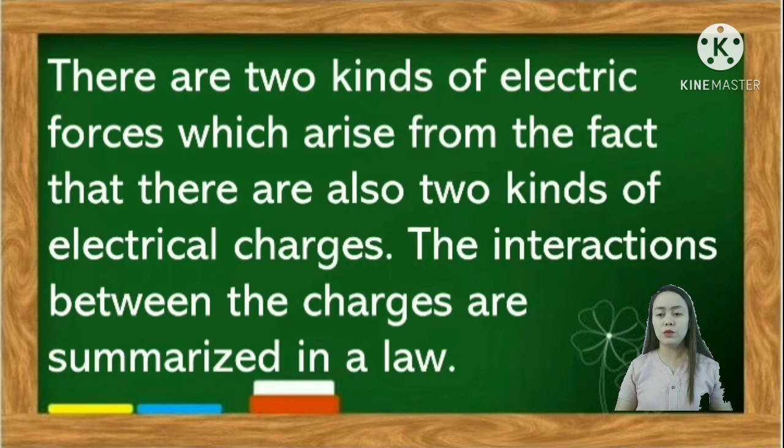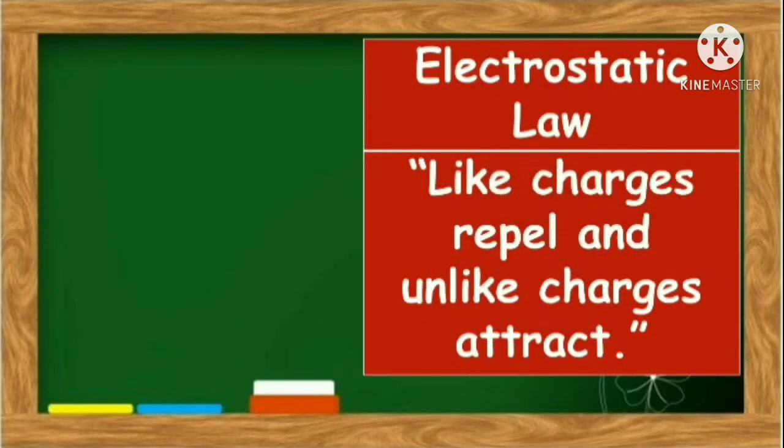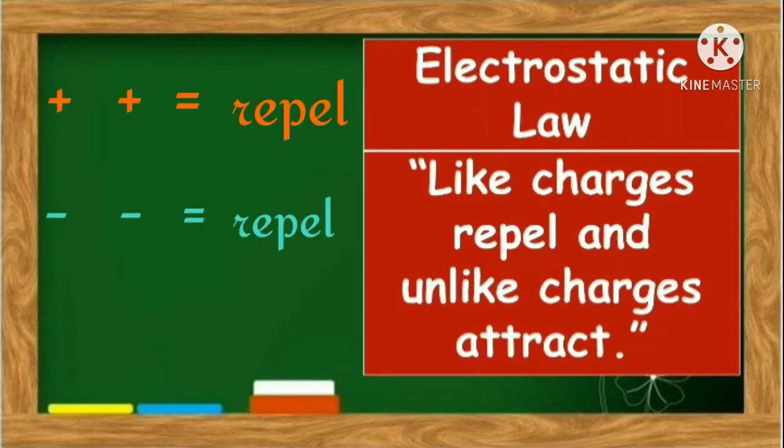The interaction between the charges is summarized in a law called the electrostatic law. It states that like charges repel and unlike charges attract. Positive and positive repel. Negative and negative repel. But positive and negative attract.